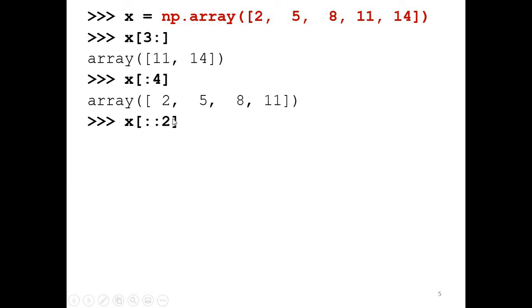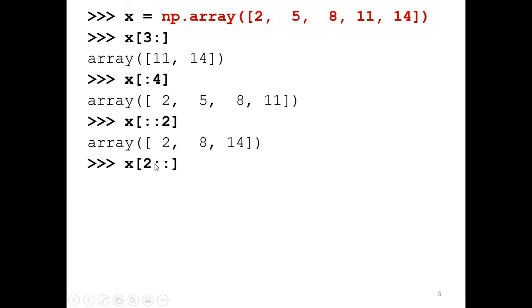If you write [::2], that means to begin with you have mentioned nothing, so it will start from the 0th element, go until the end, but the step size is 2. So it will start from here 2, then step size 2, then 8, then 14.